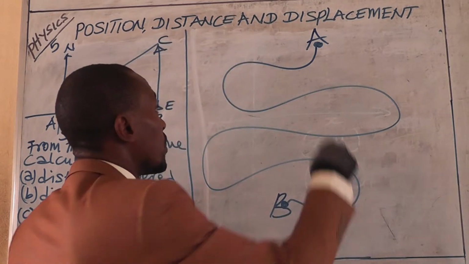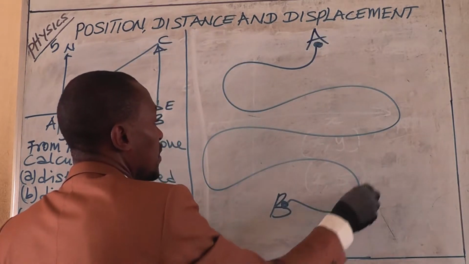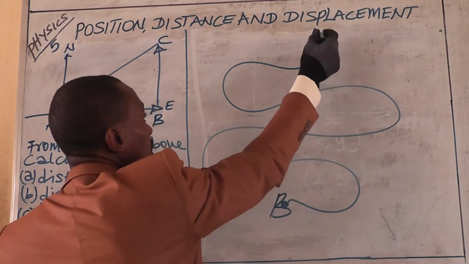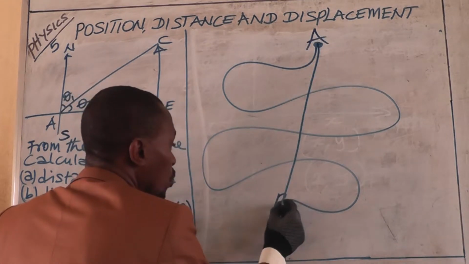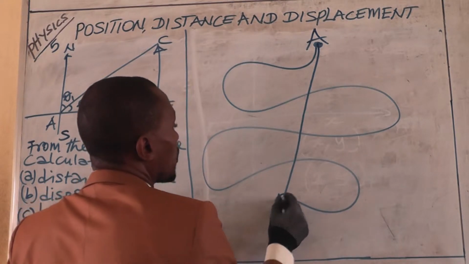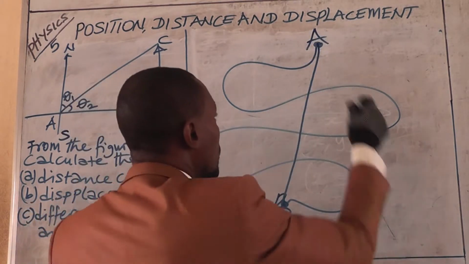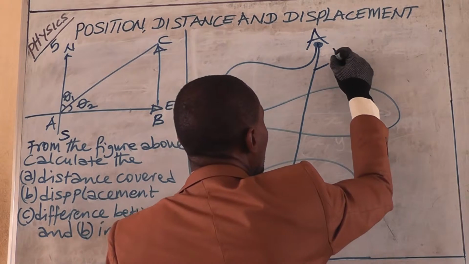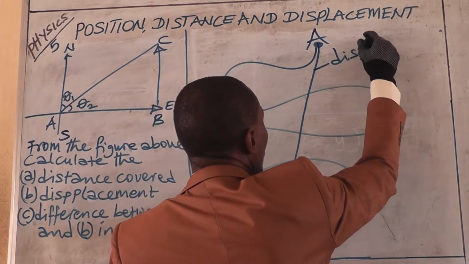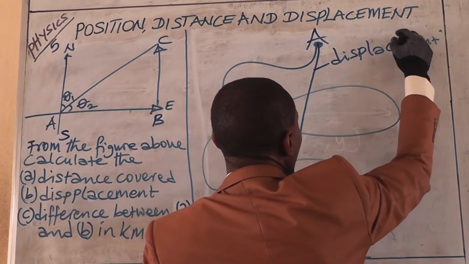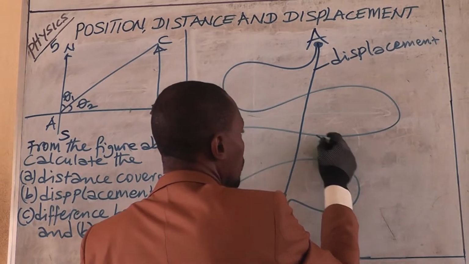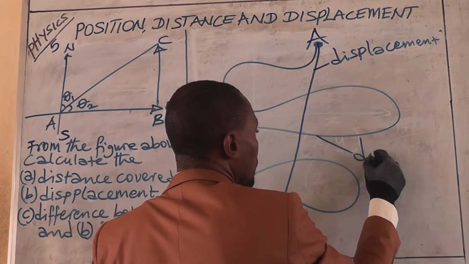For example, it is from this point down to this point. So if I use my ruler and measure it straight, what I have is displacement. Displacement. While this one is distance.